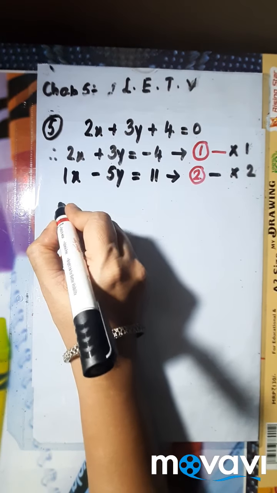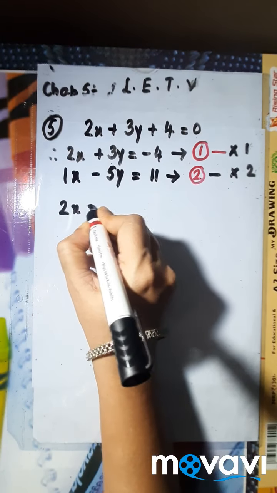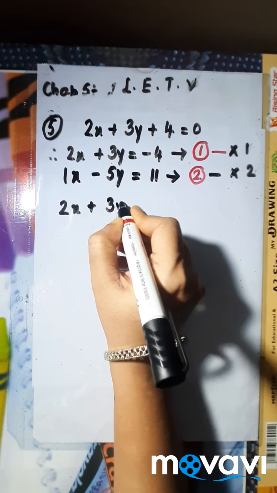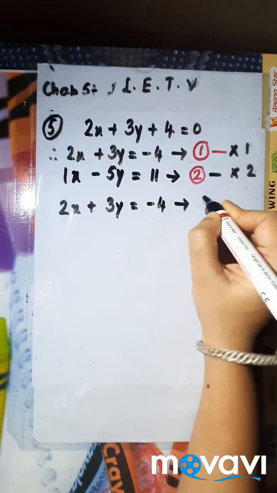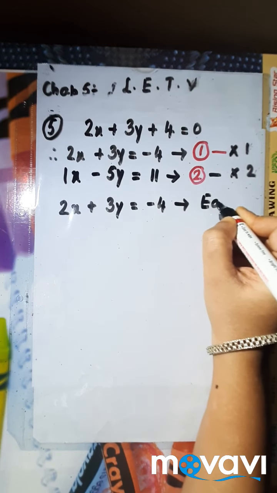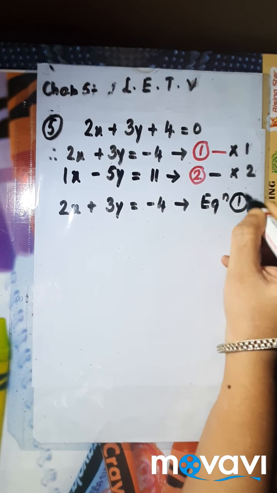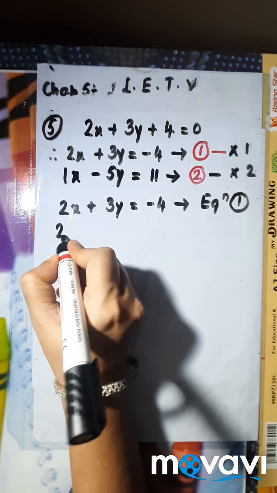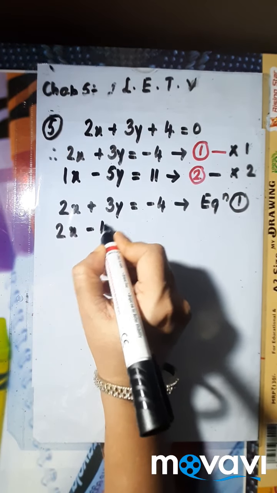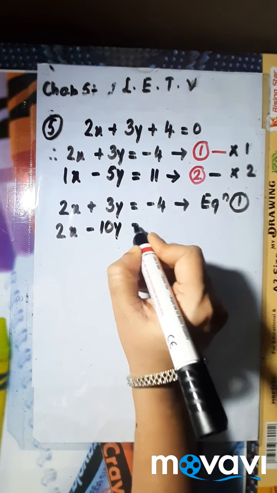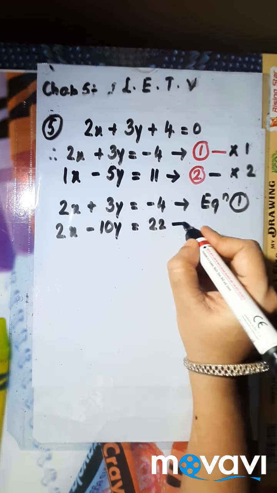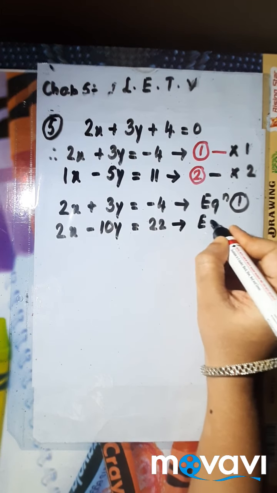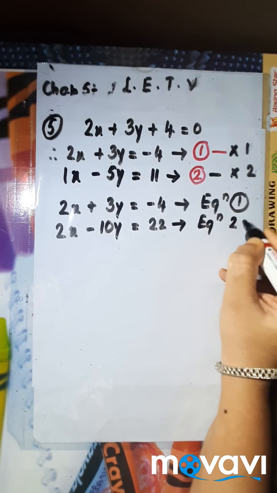So when you multiply by 1, 2x plus 3y equal to minus 4. This is the same equation, so I'll call it equation 1. When I multiply by 2, it will change. 2x minus 10y equal to 22. So this is my equation 2.